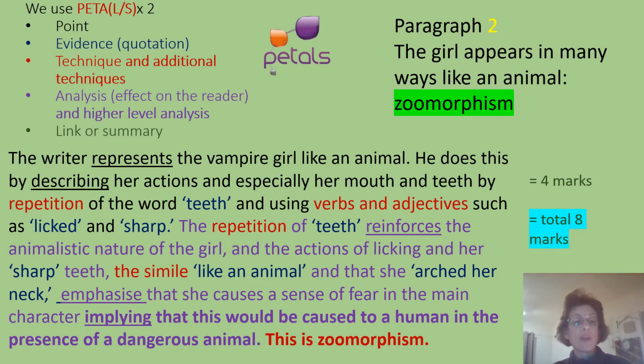The writer represents the vampire girl like an animal. He does this by describing her actions and especially her mouth and teeth, by repetition of the word teeth and using verbs and adjectives such as licked, sharp and sharp.